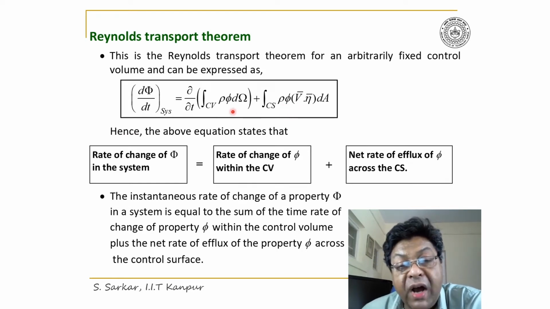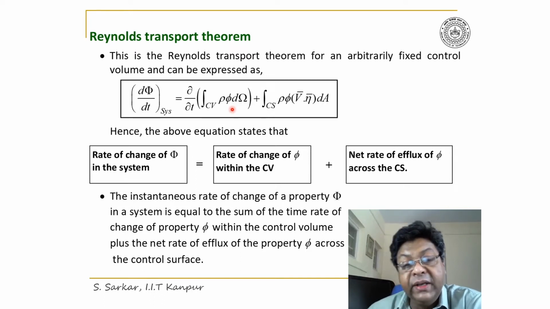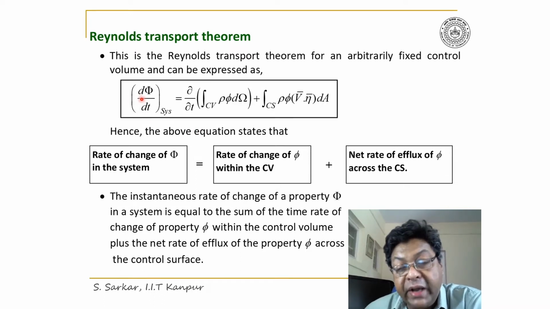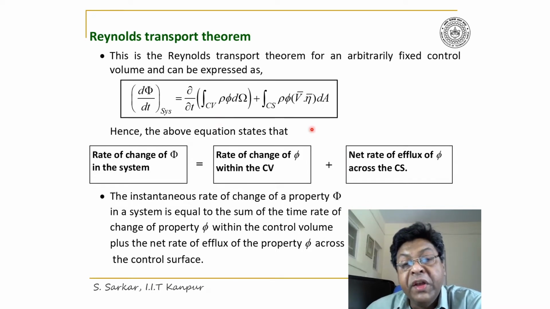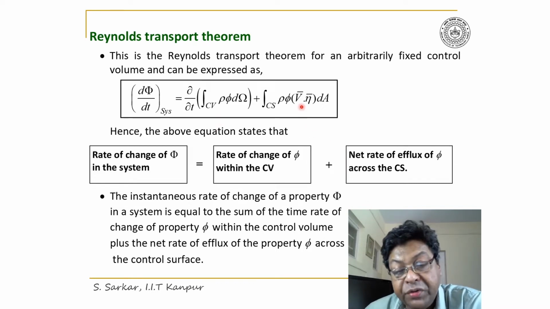Here small phi stands for specific property and capital phi is for the total property. And omega represents the volume, rho is the density, v is the velocity, and eta bar is the normal unit vector.